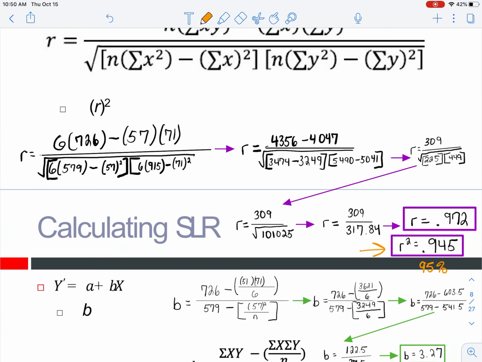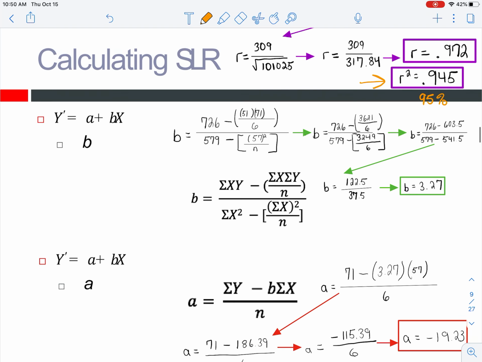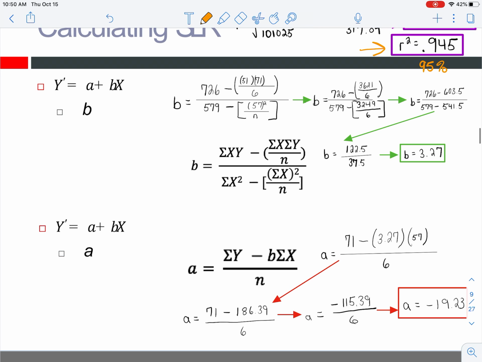So if I move along now, I can move on to my prediction. So I've explained how much variance is seen in my dependent variable based on my independent variable, and now I can use my old data set to predict new y's. So go ahead and check your work against mine, but my B came out to be 3.27, and my A came out to be negative 19.23.